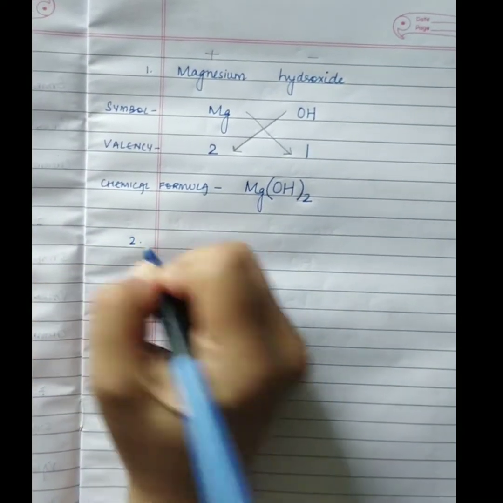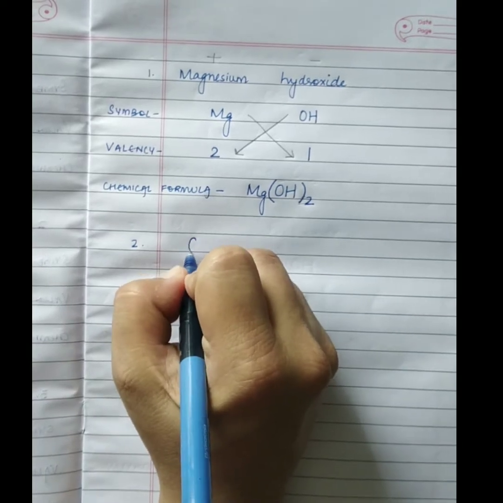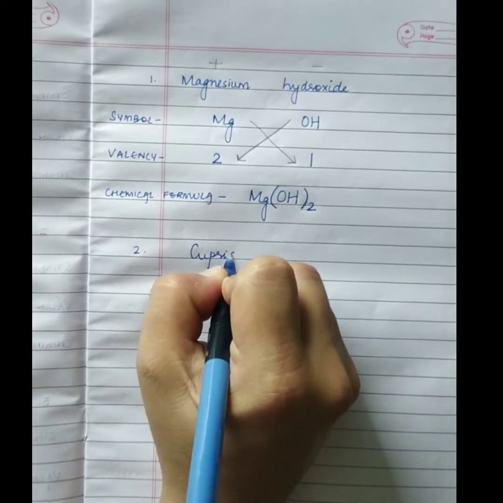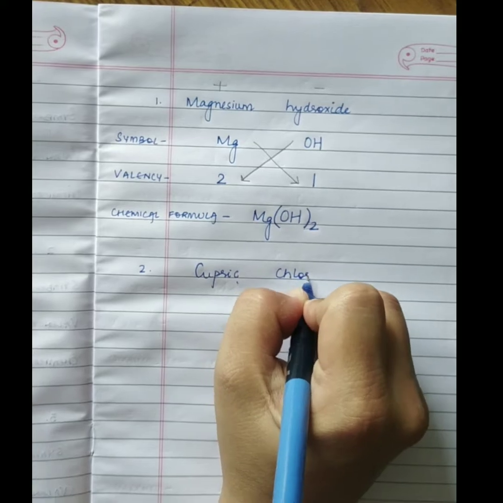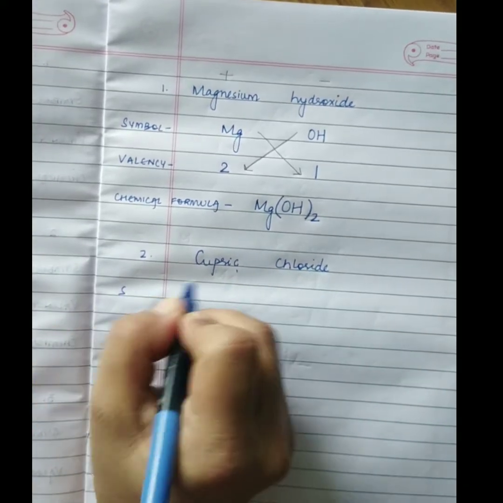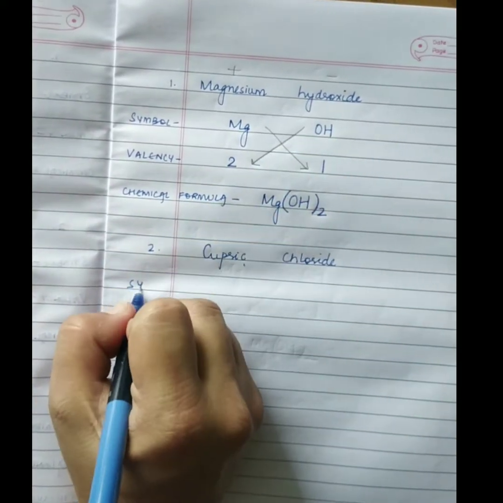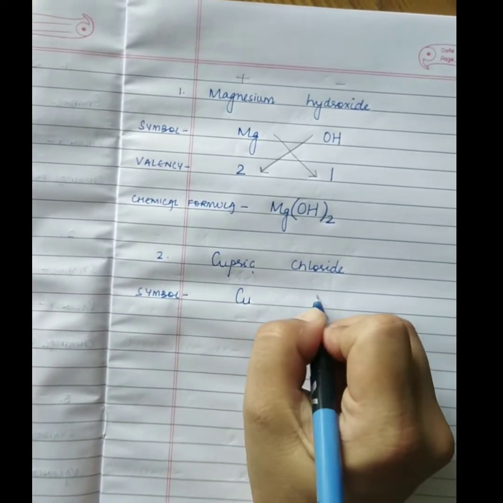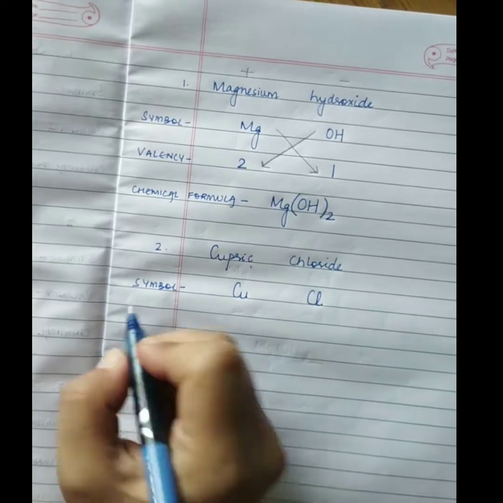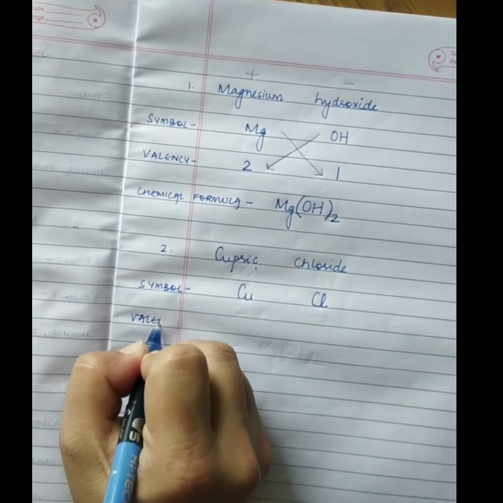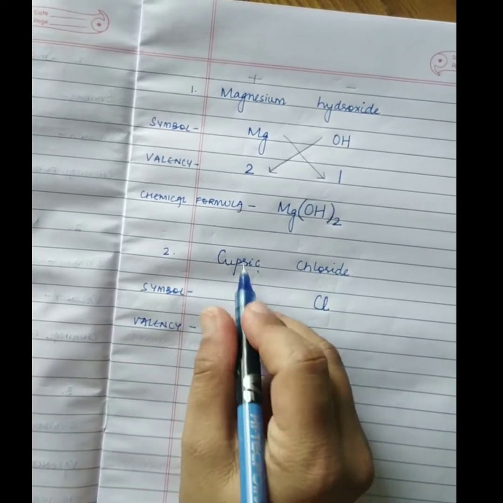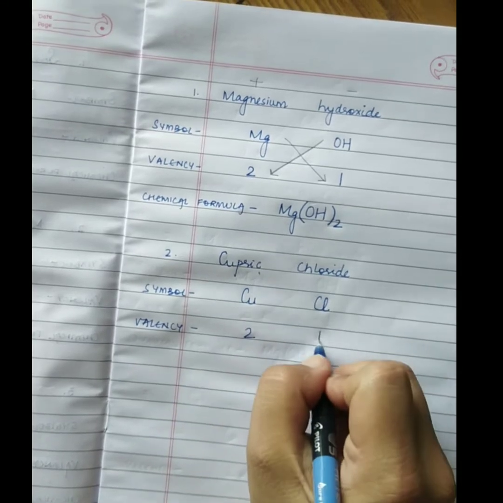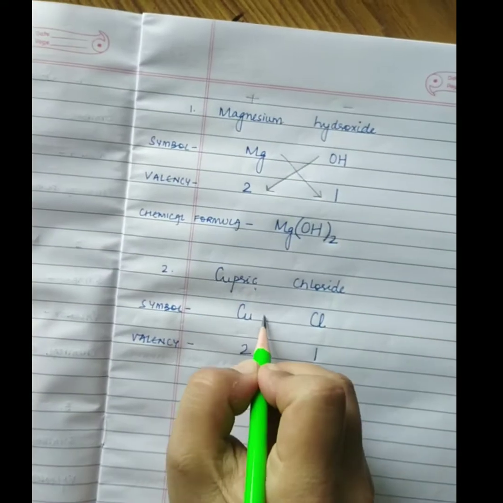Now let's do the one that we had done last time, like cupric chloride. I'm doing this to compare the two. Symbol Cu, chloride is Cl. Valency of cupric is 2, chloride is 1.